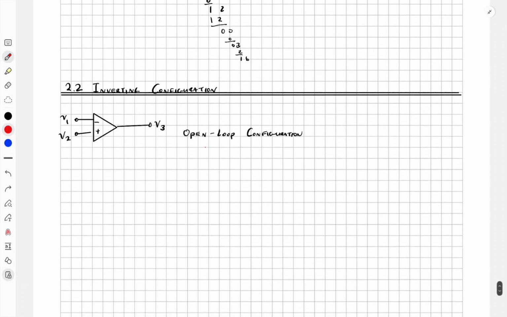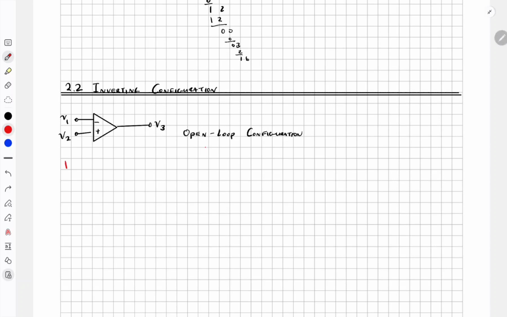But we do not use this kind of configuration because it has stability problems. It is not easily controlled, and it may also oscillate, so it's not stable, it's not controllable, so we don't use open loop configuration.